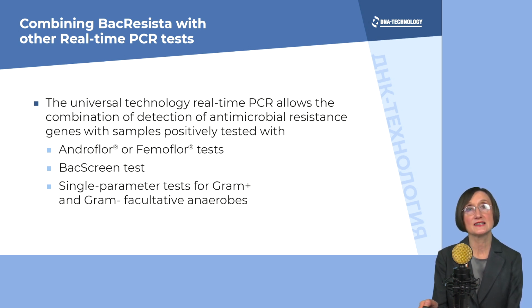However, our resistance kit can also be combined with our real-time PCR kits like Androflor and Femoflor 16. When gram-positive and gram-negative facultative anaerobes are detected using this test, identifying resistance genes to select the right personalized effective therapy is absolutely justified and recommended.